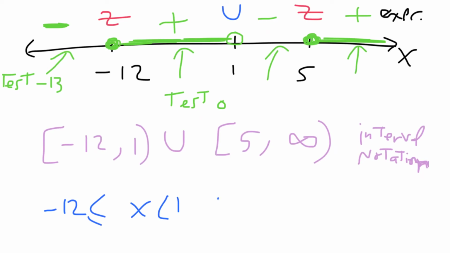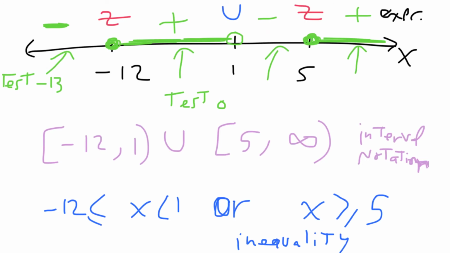This is union, or actually you say or. In this case, we don't use union, we just use or. So we can say or that x is greater than or equal to 5, because it's going to be bigger than 5, meaning from 5 to infinity. So that's how you can write the answer as an inequality.